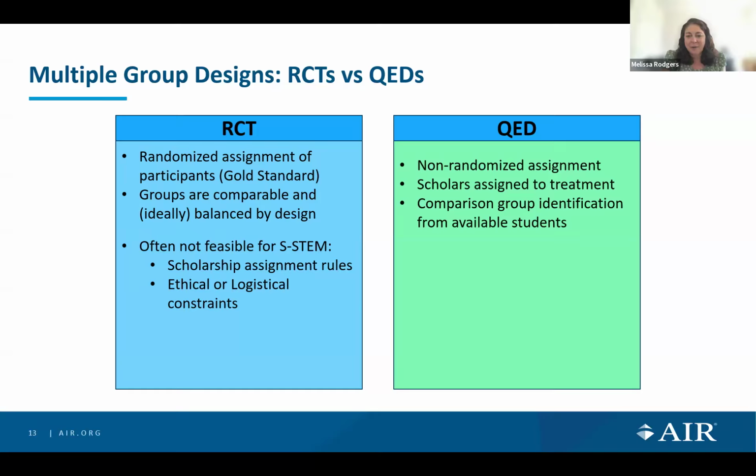There are also ethical constraints that may prevent withholding scholarships or services, and logistical issues like small cohorts, rolling admissions, or limited staff that can make this randomization even further impossible.